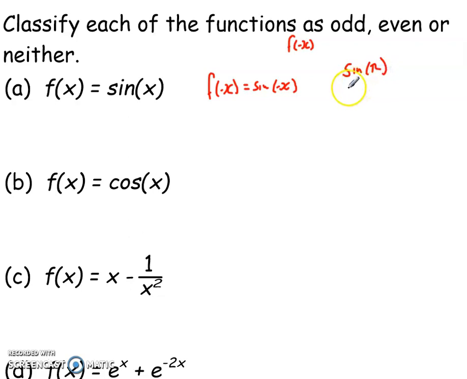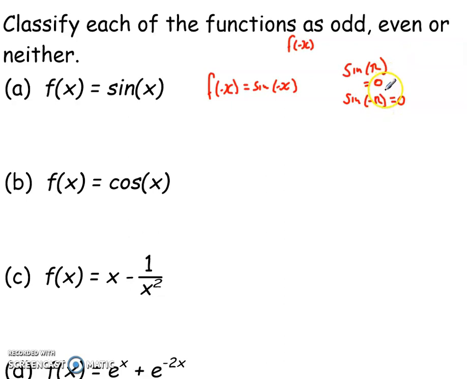Well, we know then that sine pi is equal to sine of 180, which is equal to 0. So sine pi is equal to 0. If we were to do sine of negative pi, and we were to work it back the other way and look at the diagram, that would also equal 0. So it almost looks like the two of them are the same.